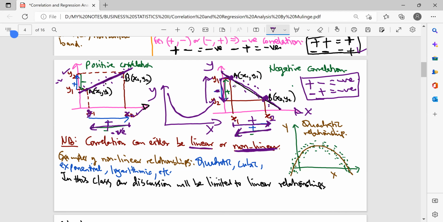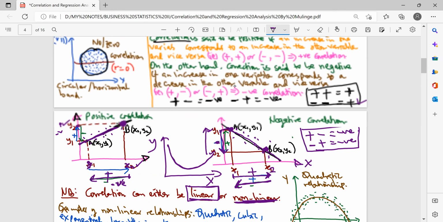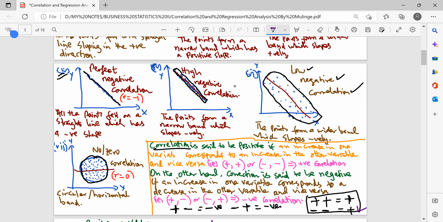But for the sake of this class, we will restrict our discussions to only linear relationship between two variables, say X and Y. Okay, so that is how you study correlation graphically using the scatter plot. You just need to plot the points, then you make an assessment to say whether there is a positive relationship or negative relationship.